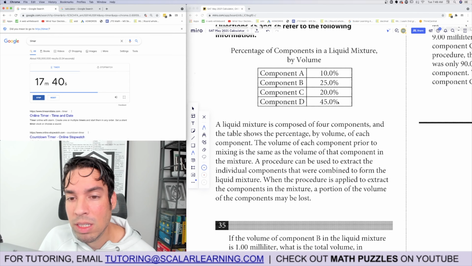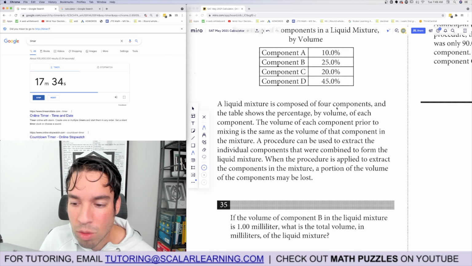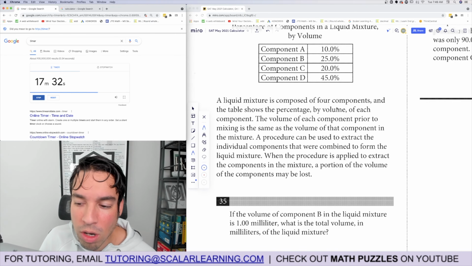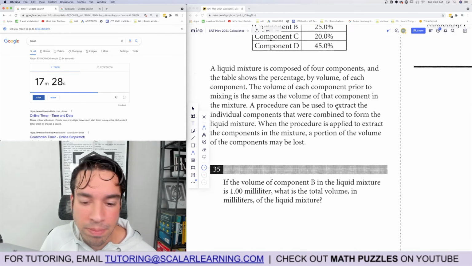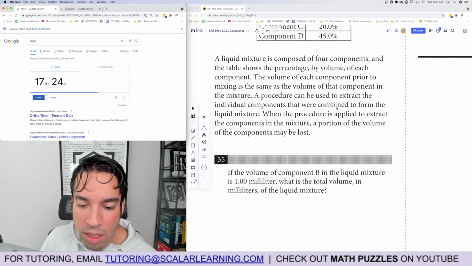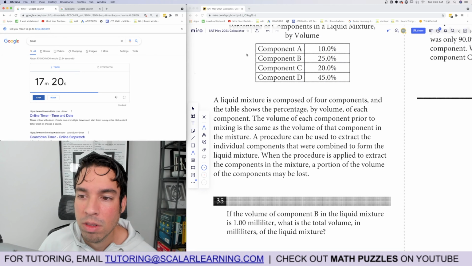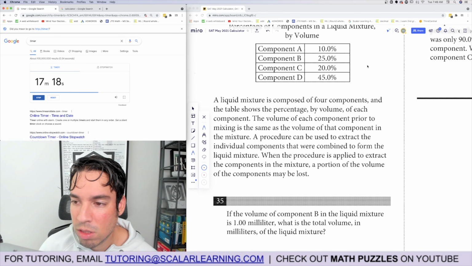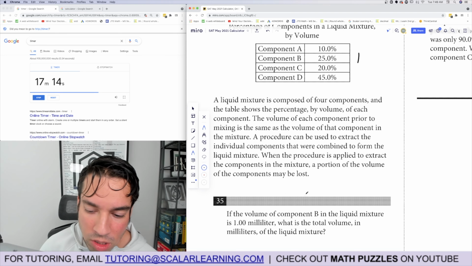So component D makes up the largest percentage of this whole thing. When the procedure is applied to extract the components in the mixture, a portion of the volume of the components may be lost. Got it. If the volume of component B in the liquid mixture is 1 milliliter before the extraction, what is the total volume in milliliters of the liquid mixture?